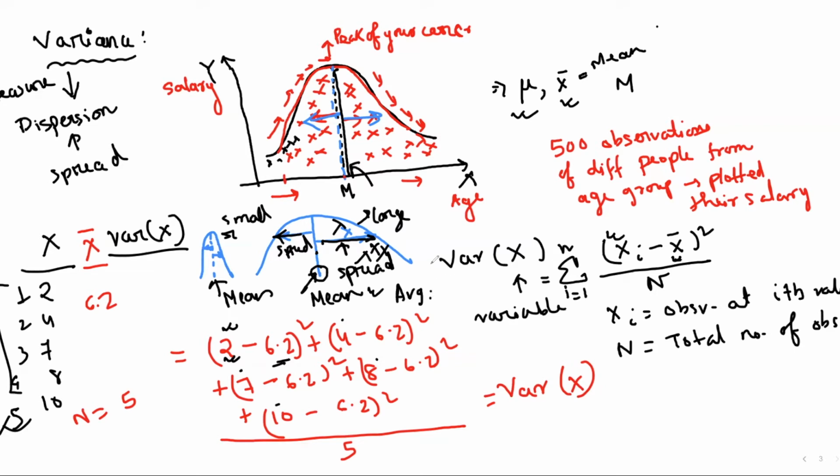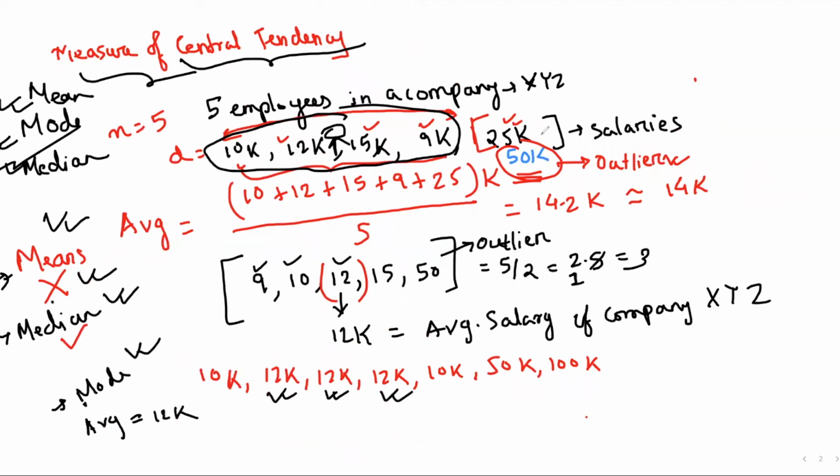Our predictions will not give us accurate results, and we cannot consider the mean to be a measure to know anything. For example, in this case, if it's the salary as I was discussing, we cannot use the average because the data is spread out here. If you draw this particular thing, the data might look like this.